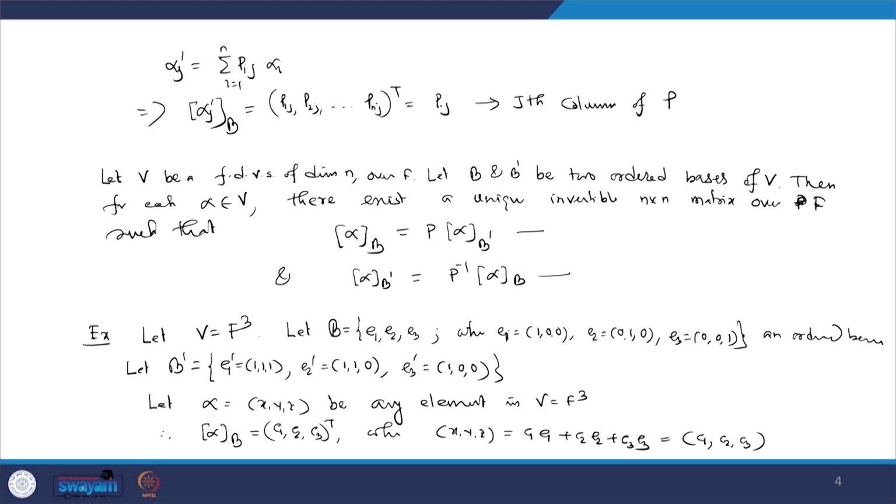So, if we simplify, then C1 E1 plus C2 E2 plus C3 E3 equals (C1, C2, C3). This implies the coordinate matrix of alpha with respect to the standard ordered basis will be (x, y, z) transpose. This is one. What can you say about the coordinate matrix of alpha with respect to B prime?